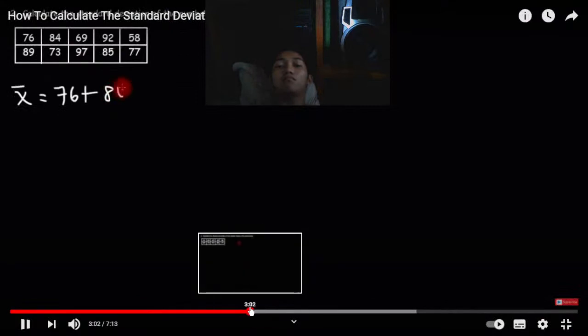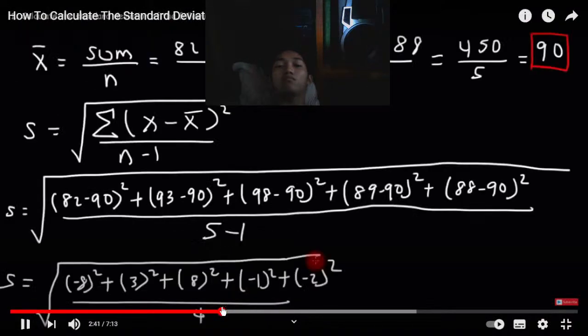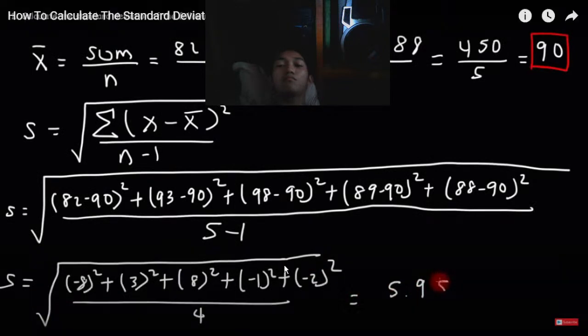And so you should get a standard deviation of 5.958.